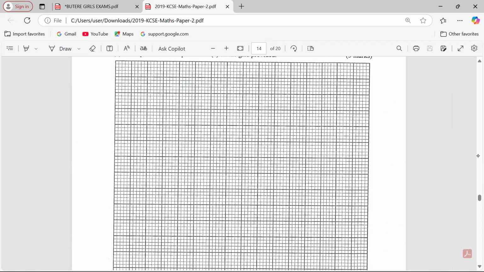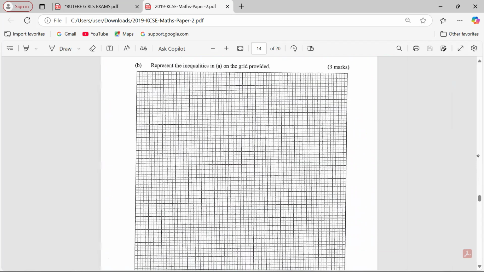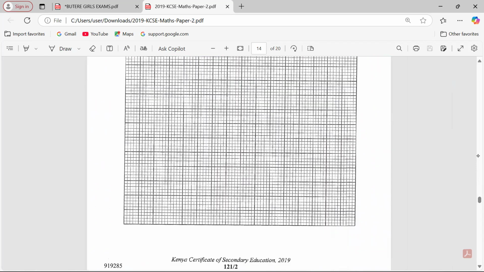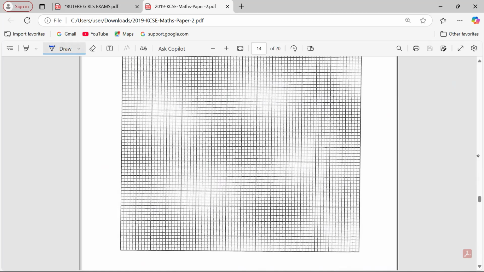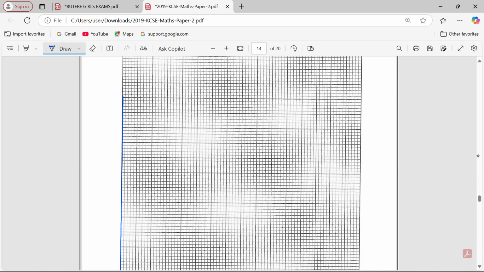Now, with the frequency densities and the classes already here, we can now plot on this graphical grid. Allow me to draw my axis here. That's where frequency density shall be for these classes.